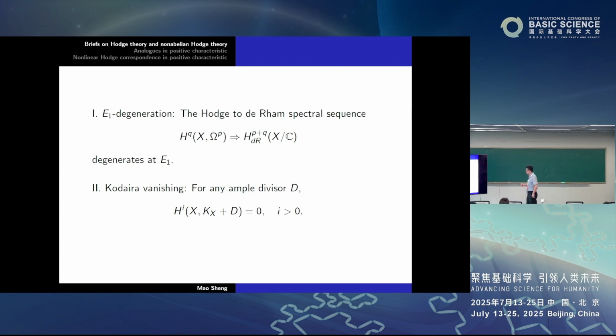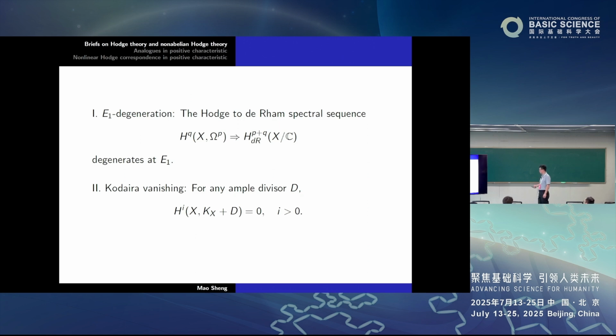On the one side you will have the purely algebraically defined Hodge cohomology, using the Zariski topology. On the other side, you can also use the Zariski topology: you use the algebraic de Rham complex and take hypercohomology of it.